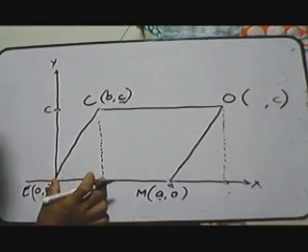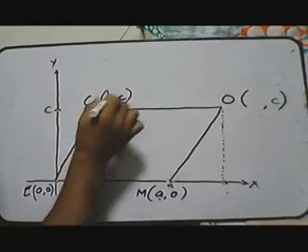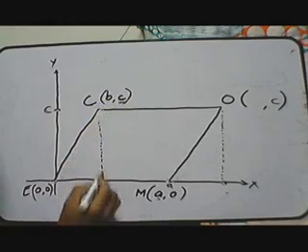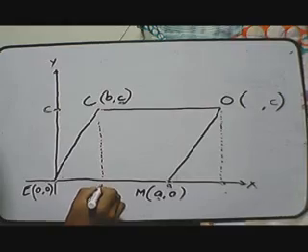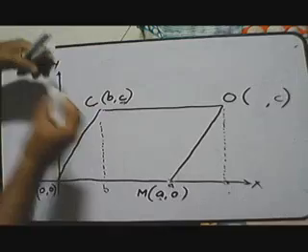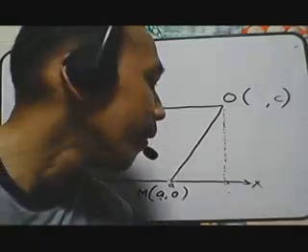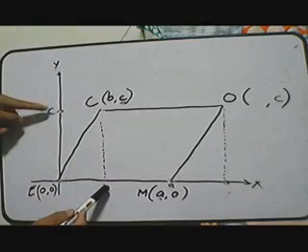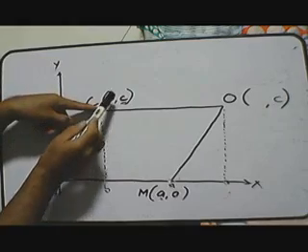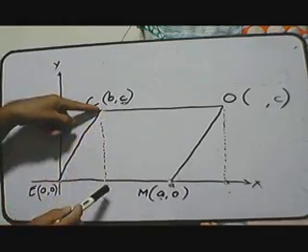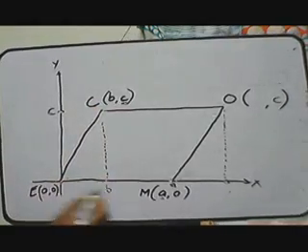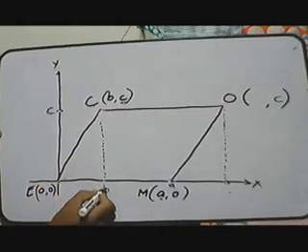To find the length of this, kailangan i-connect mo siya dun sa point C. Kaya nagkaroon tayo dito ng BC kasi ang ating X ay B at ang ating Y ay C. Again, if this is B and this is C, we have the coordinate BC. So, sigurado tayo na ito ay B. At kapag B yan, sigurado din tayo na magmula dito hanggang doon ay B.